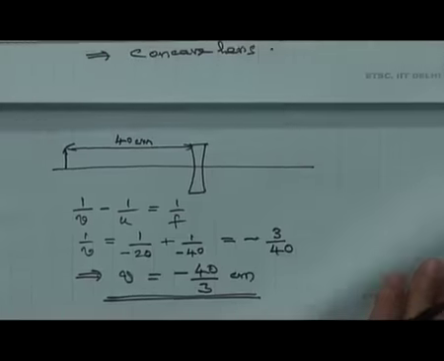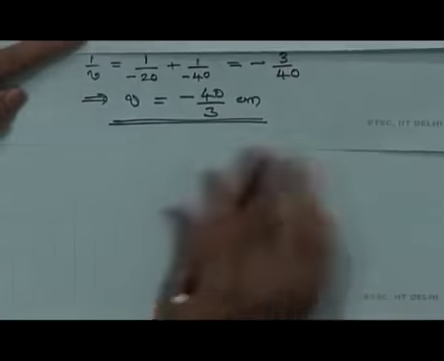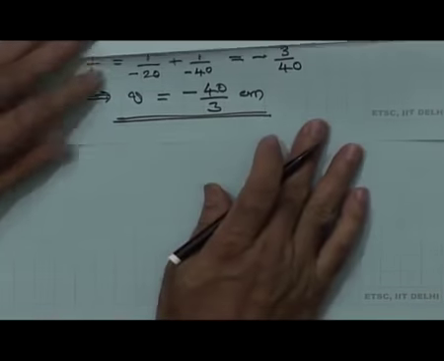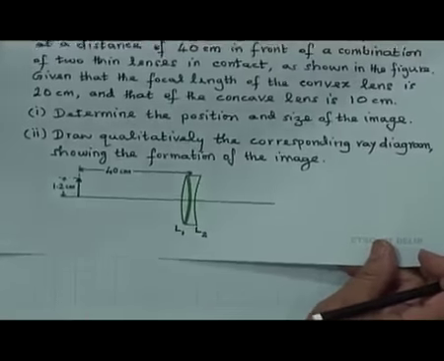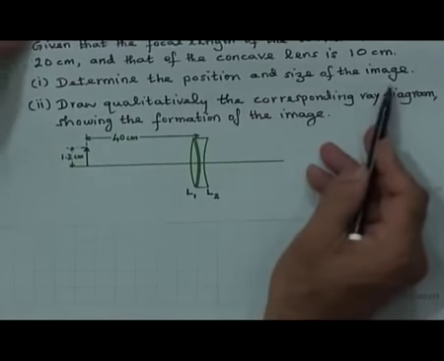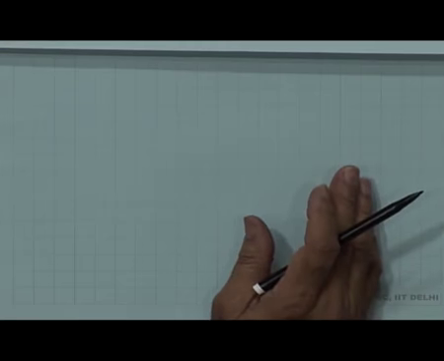Once we have V, we proceed further. V is minus 40 by 3, so we have got the position, and then we need to determine the size of the image.